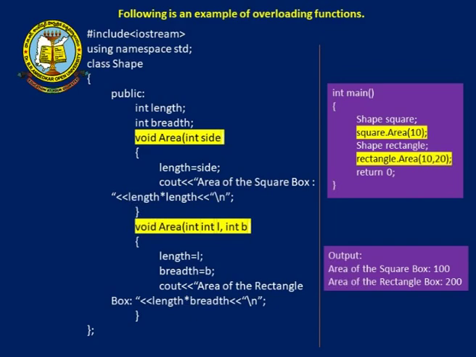So that will be the output. So that is the linking procedure, where the object and the appropriate functions are linked.